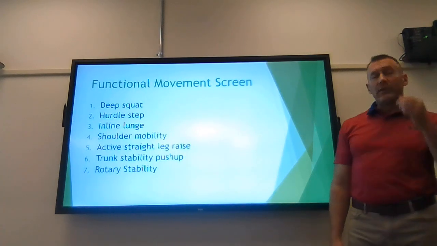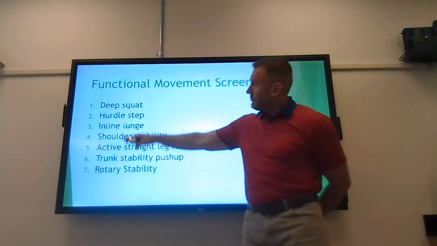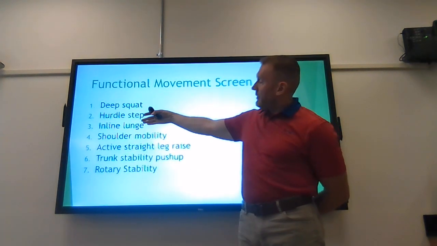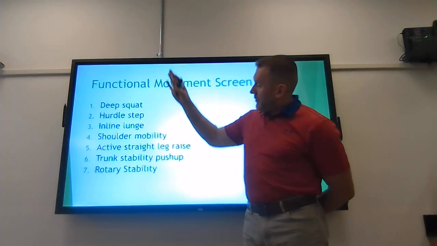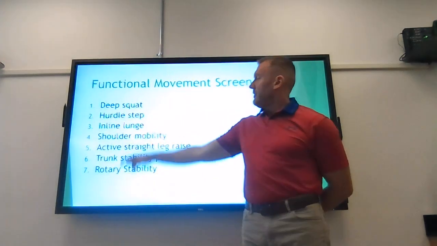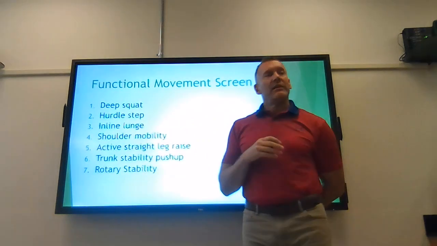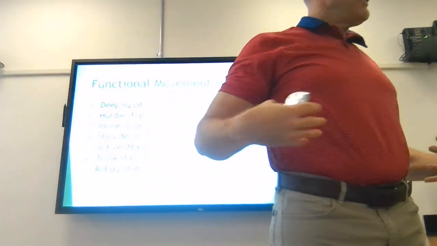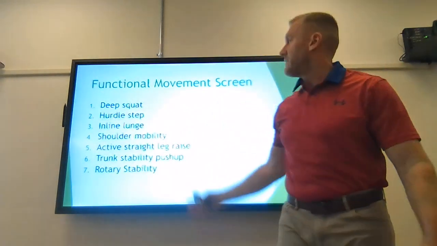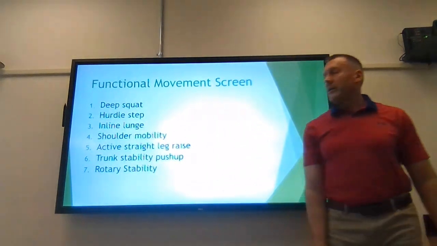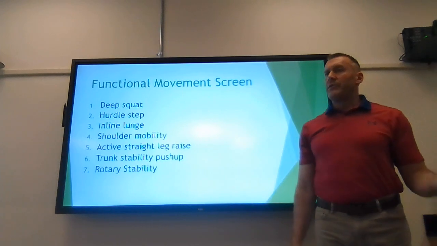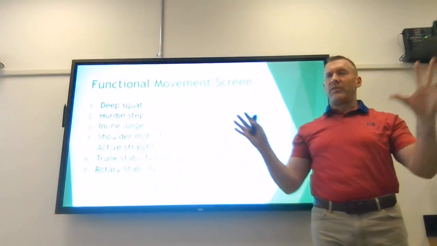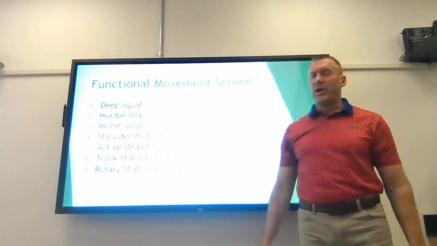So the functional movement screen, as you look through the 7 tests, deep squat, hurdle step, inline lunge, almost all of them, even shoulder mobility, because in order to do that one thing, you kind of have to be tight through here, even a little bit. So all of them in some way involve different levels of core stability. But it's kind of indirect because you're looking at the whole thing versus just isolating that one part of the body.